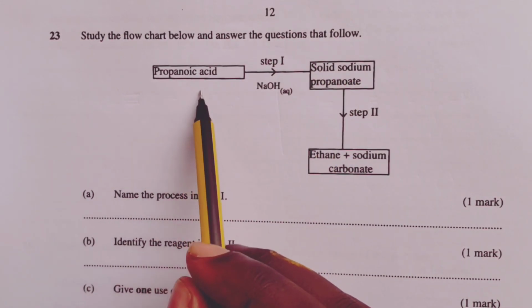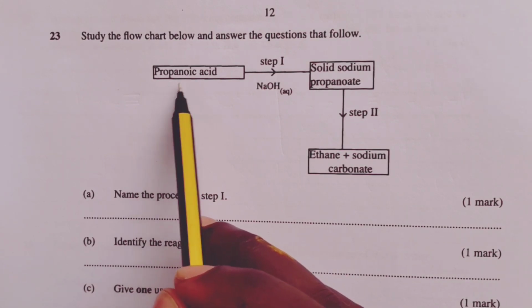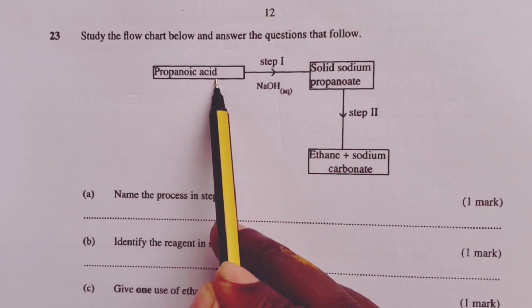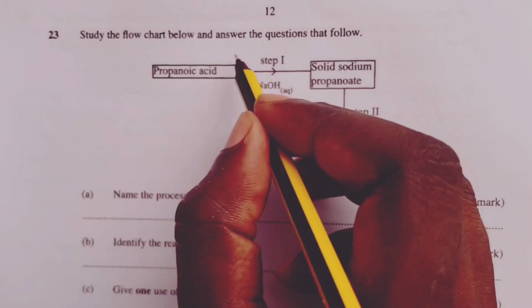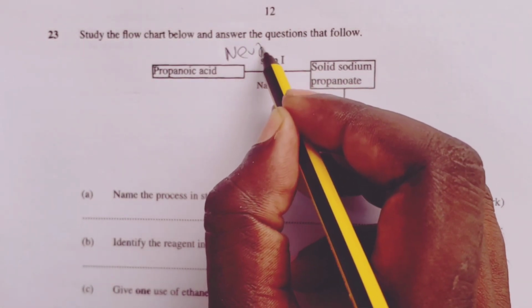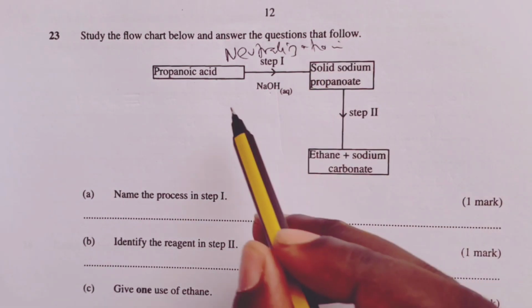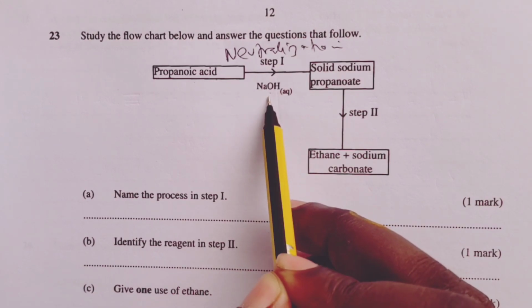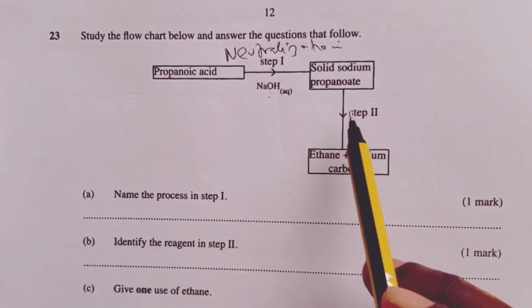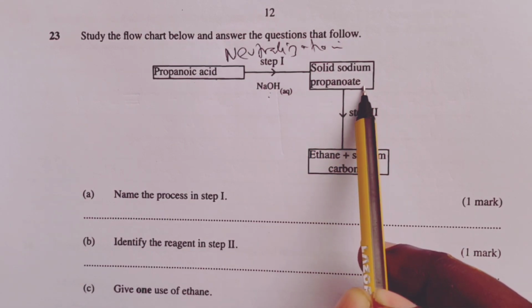So we have an alkanoic acid here by the name propanoic acid reacting with an alkali, sodium hydroxide. So step 1 is actually a neutralization reaction because we are reacting an acid and an alkali. So when we do this, we get a salt that is called sodium propanoate.